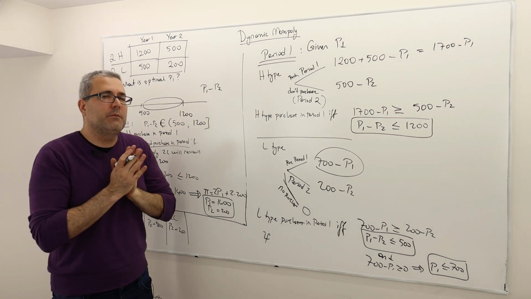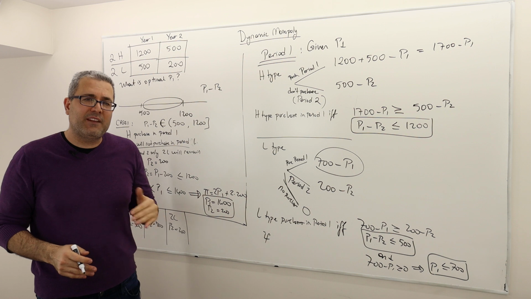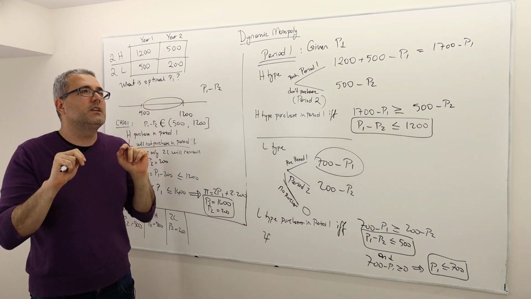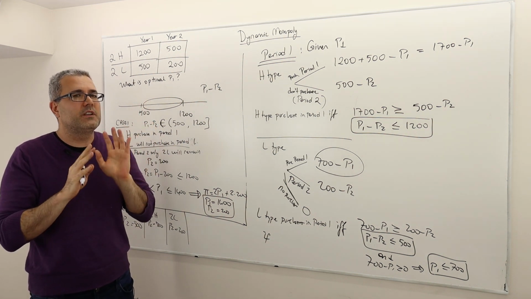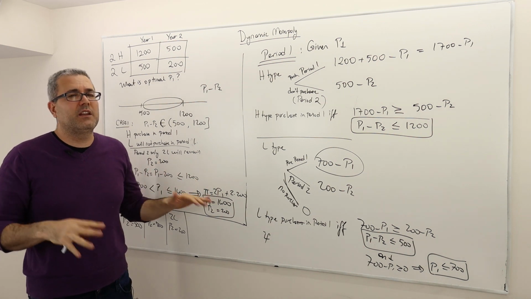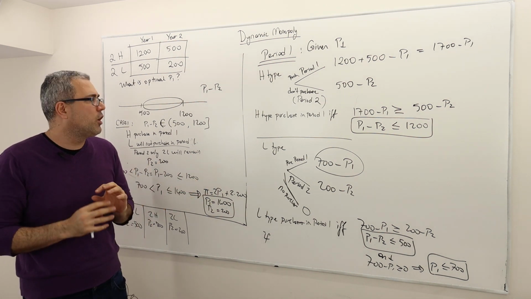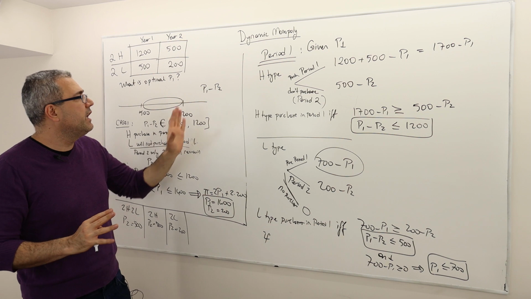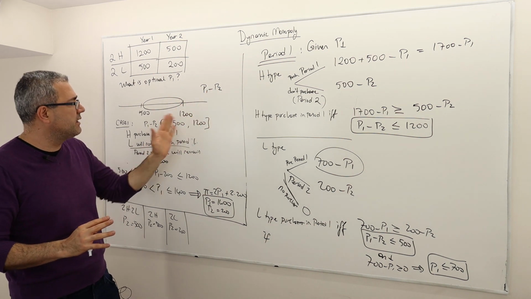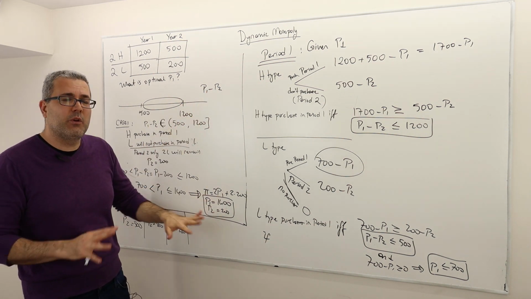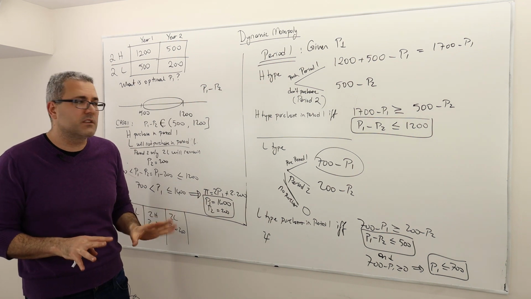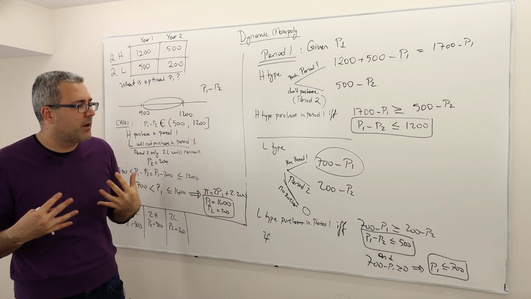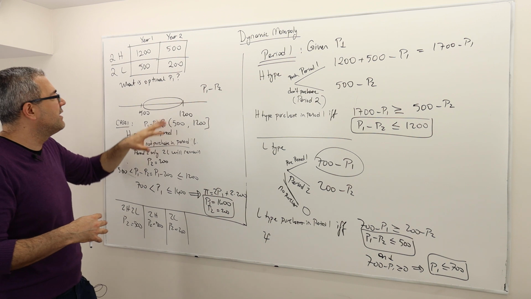And this is exactly the profit maximizing prices when P1 minus P2. So, I'm sorry, let me take it back. Let me put it this way. We have not yet shown that this is profit maximizing. What we have shown is that in equilibrium, if P1 minus P2 is in this range, well, then that is going to be the profit maximizing prices. But maybe the profit maximizing prices are not in this range.